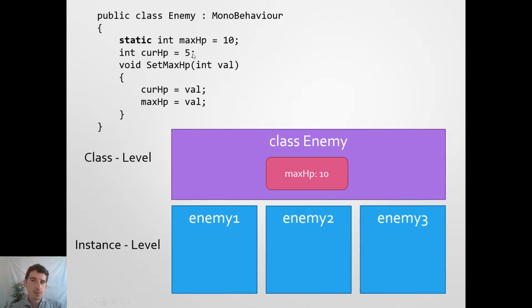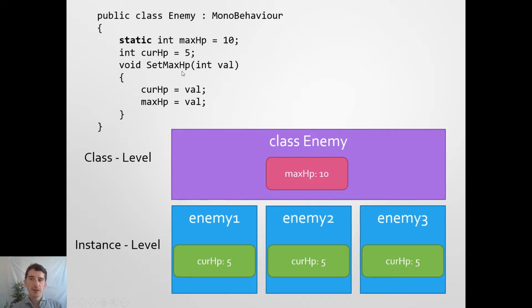And this currentHP equals 5 means that each enemy instance gets one of these variables. So do mind, here is no static keyword, here is the static keyword. And that's the difference between those two. Static means it's shared, it's stored in the class, it's shared between all three enemies. No static means every instance has its own variable. Okay, so far so good.